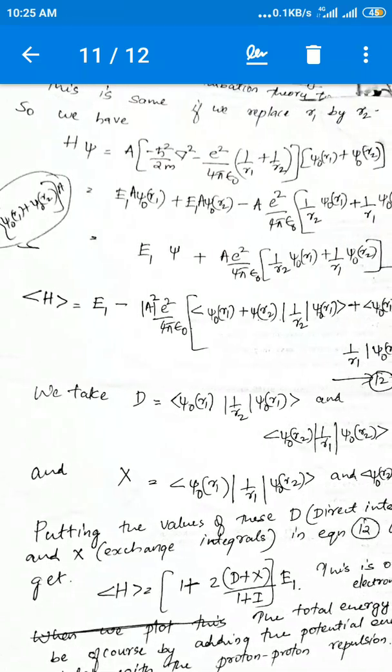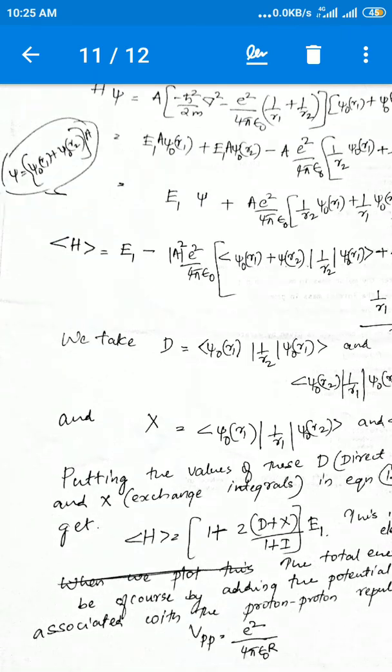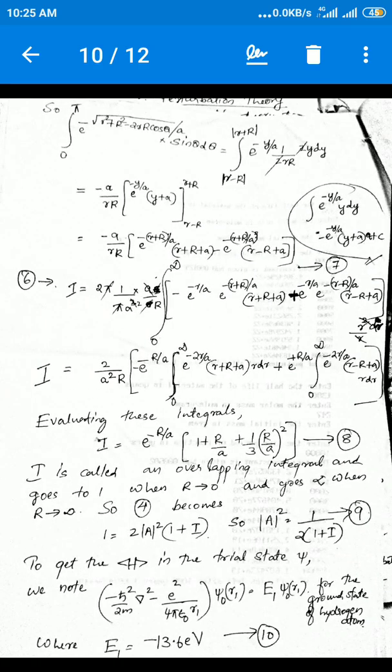Okay, now we know from the last equation, you can see here in the normal hydrogen atom's eigenvalue equation, it is minus ħ² by 2m ∇² minus e² by 4πε0 R1 into ψ0(R1), which is E1 ψ0(R1). We are going to substitute it in this current equation.